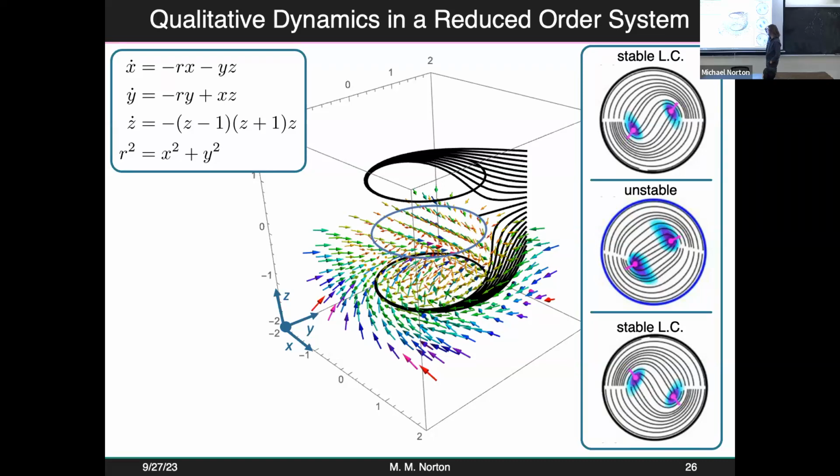So at z equals 0, that's the unstable solution where you don't have rotation, right? So I would expect x dot and y dot to be 0 if you don't have rotation. But your only fixed point in x and y there is at x equals 0, y equals 0.